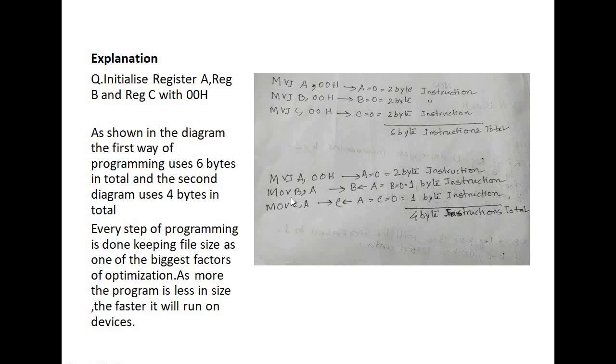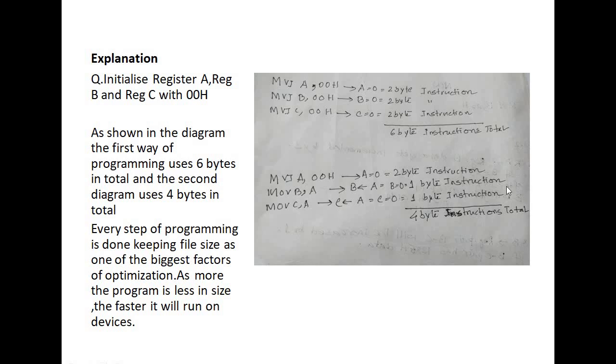Clear? First I initialized register A with 00H, then I copied it into register B, as well as into register C. So now all the registers A, B and C are initialized with 00H. I have done the programming in two ways: first with immediate addressing mode, then with register addressing mode.